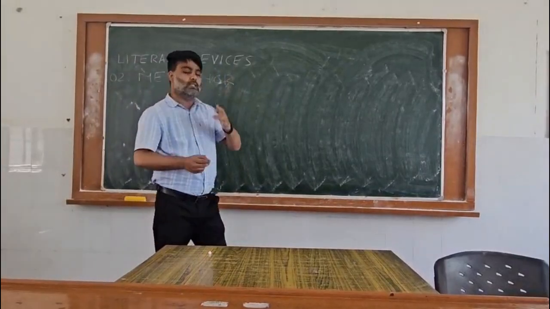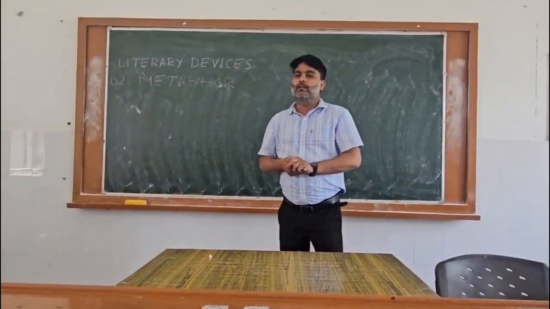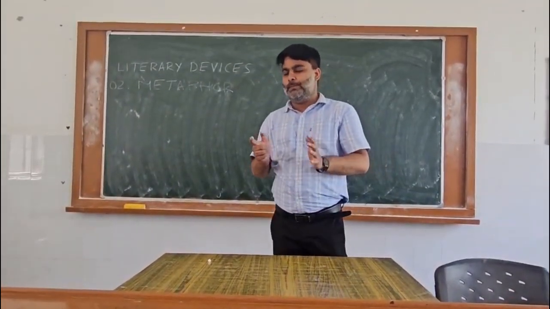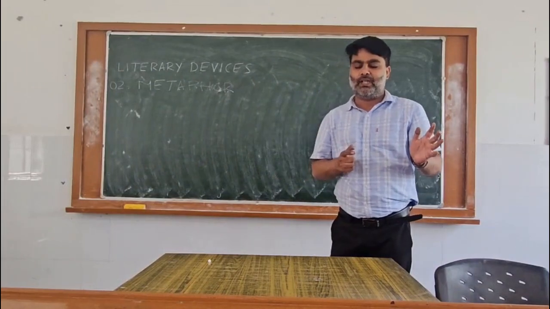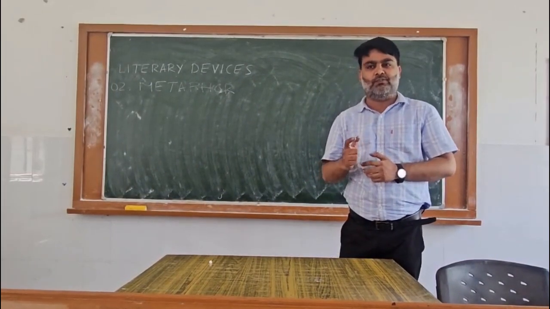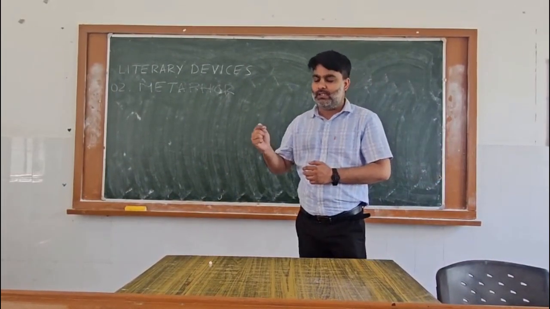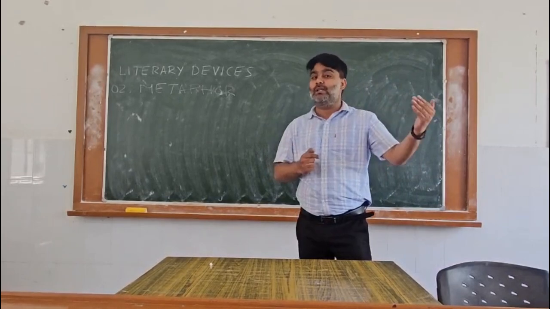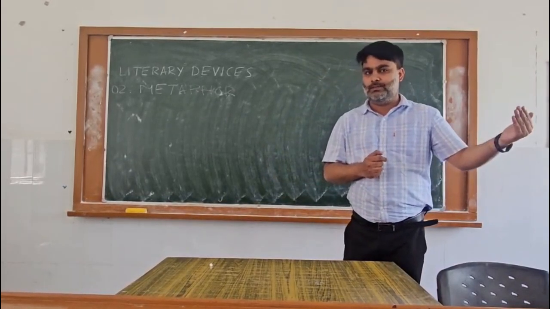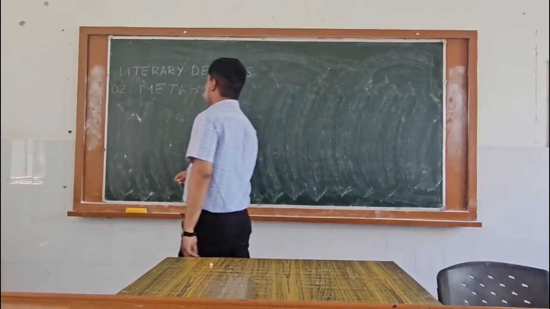Now, what is a metaphor? A metaphor is a word or a phrase that is used in an imaginative way to show that somebody or something has the same meaning as another. Let me write it down.